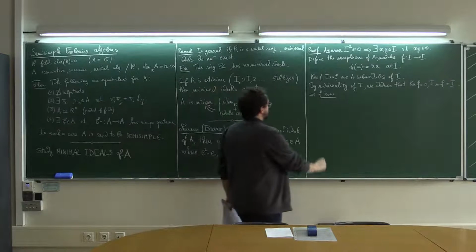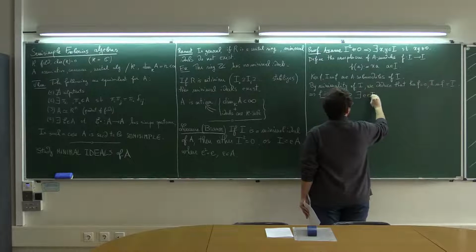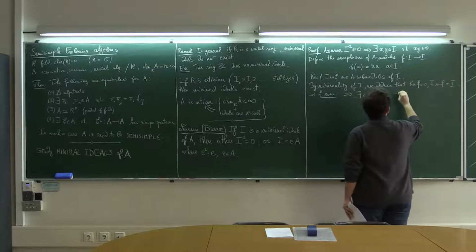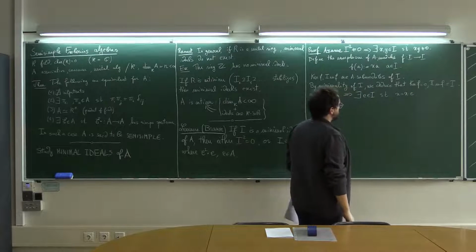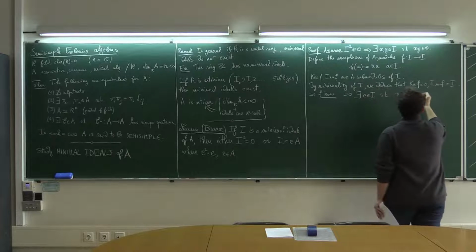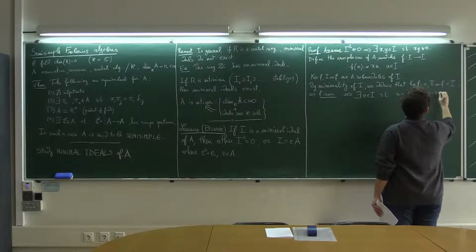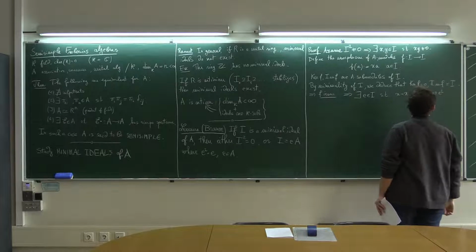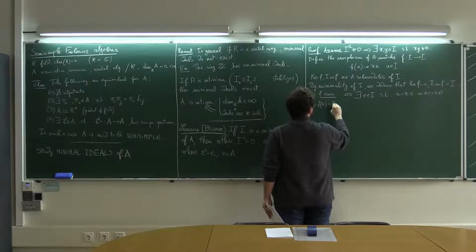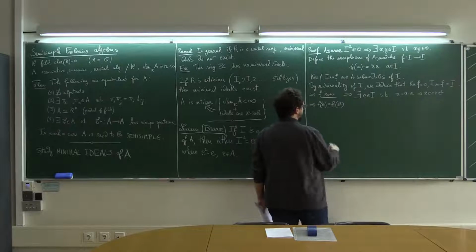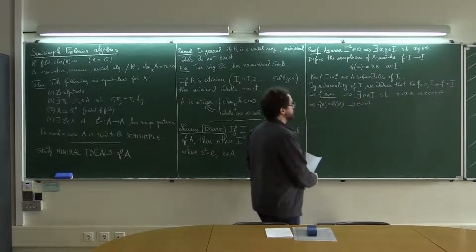But then that means that there exists an element e in I such that x equals x times e. But if now I multiply both sides by e, I obtain xe equals x times e squared. That is, F of e equals F of e squared. But F is an isomorphism, so necessarily e equals e squared. And here you are, an idempotent.